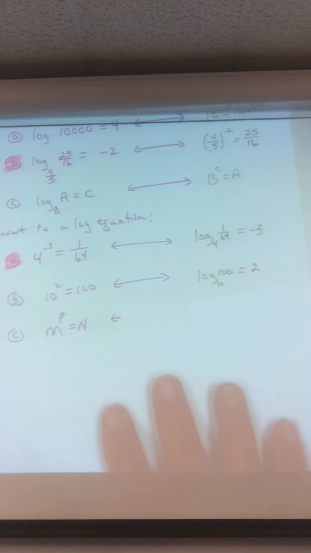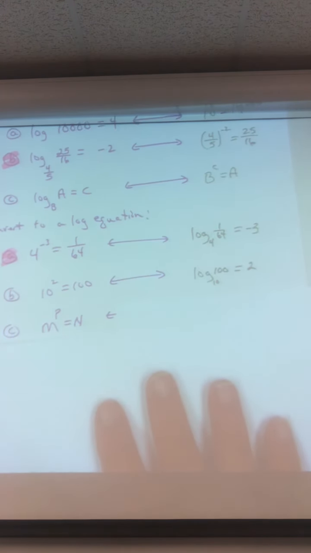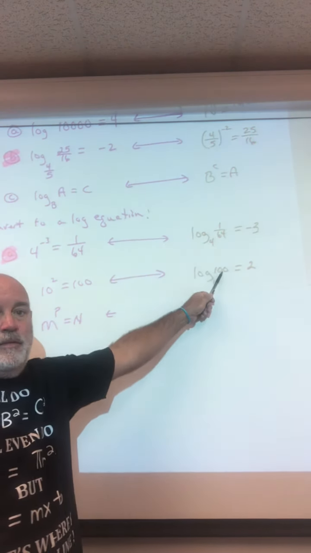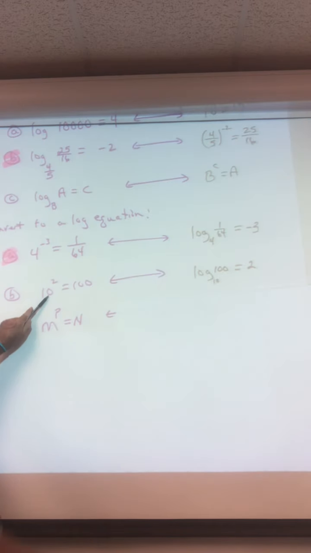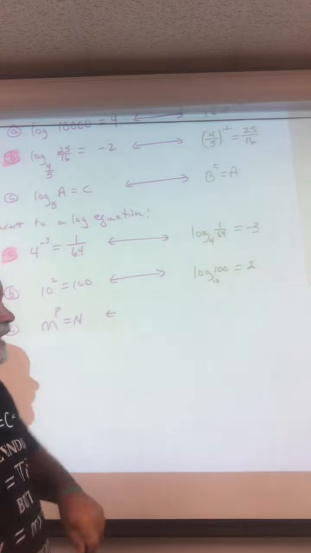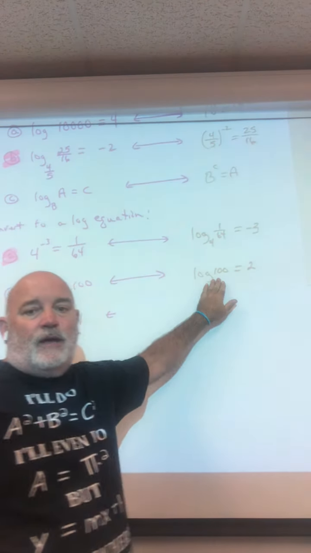Log base 10, base is 10, exponent is 2, and 100 goes there. Now remember, it wouldn't be anything wrong if you left the 10 off.